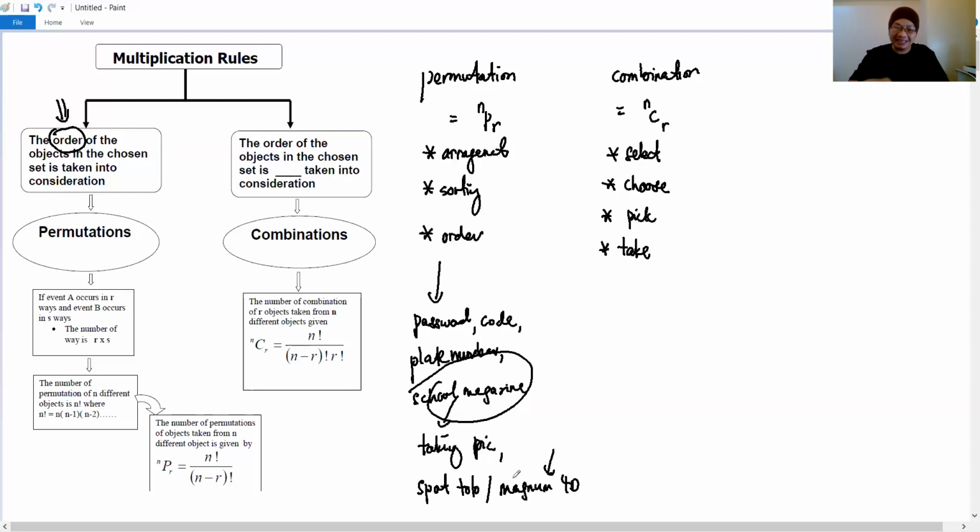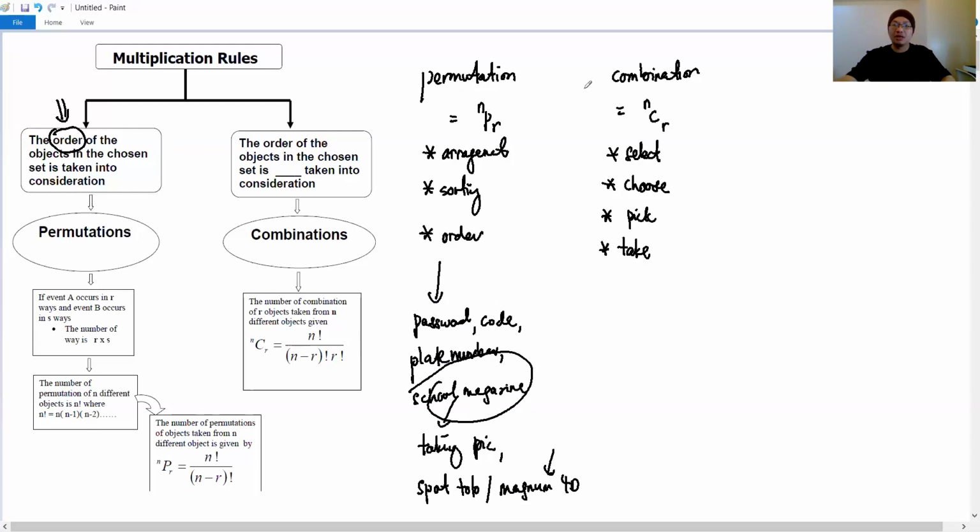So people who learn this topic can apply it when they want to buy Magnum 4D. I don't condone this, it is just an example for you guys. So that is the example questions that can be asked. This whole thing is under permutation.